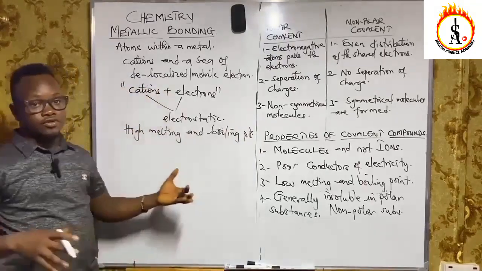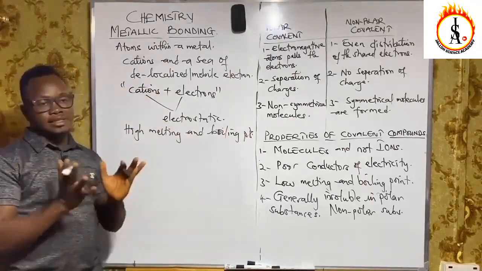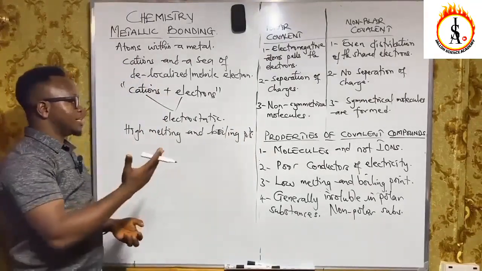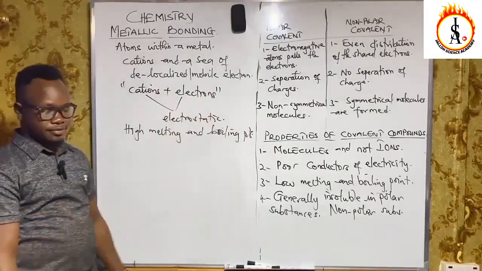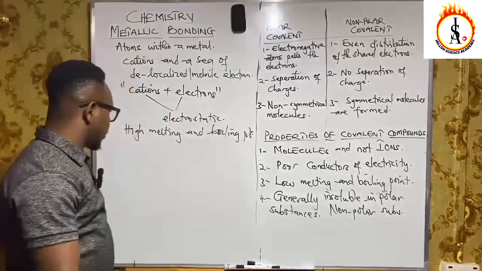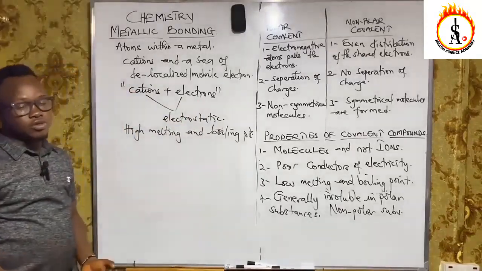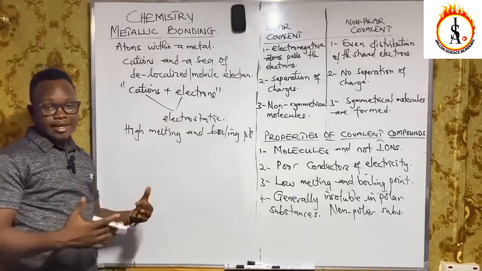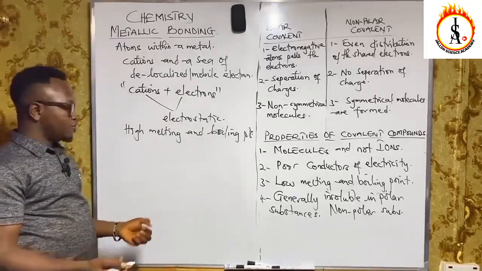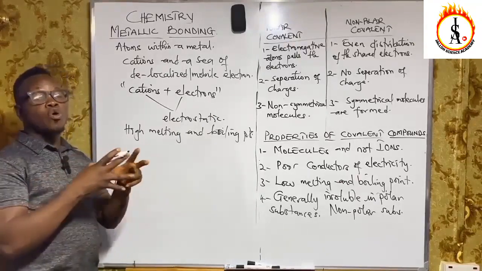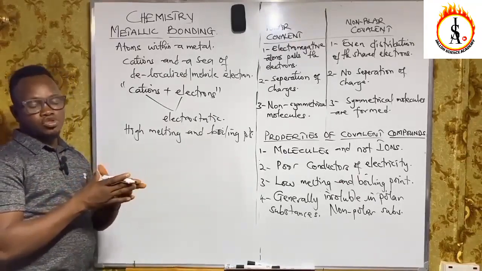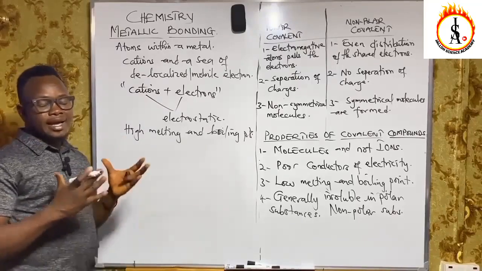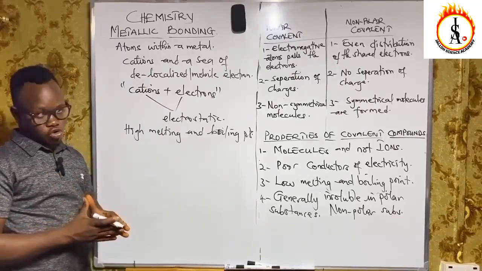So we say the simultaneous attraction between the electrons and the positive kernels of the metal holds these atoms together, makes the boiling point and melting point very high, and makes them to be much more stronger.